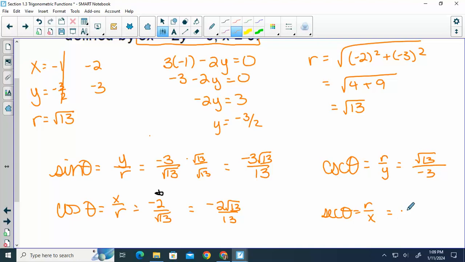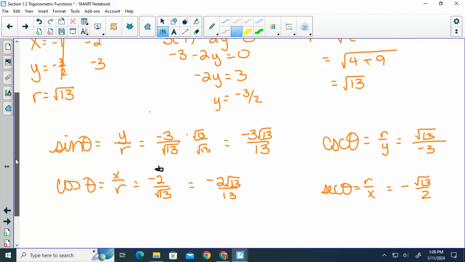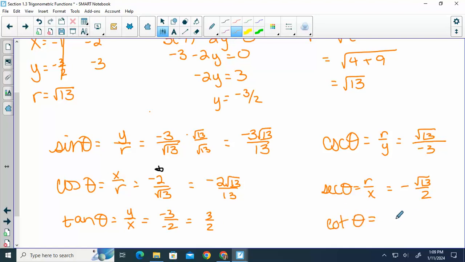So you don't have to move it again. This one's easy. So tangent is y over x, so -3 over -2, which is a positive 3/2. That means cotangent, if you flip it, is a positive 2/3.